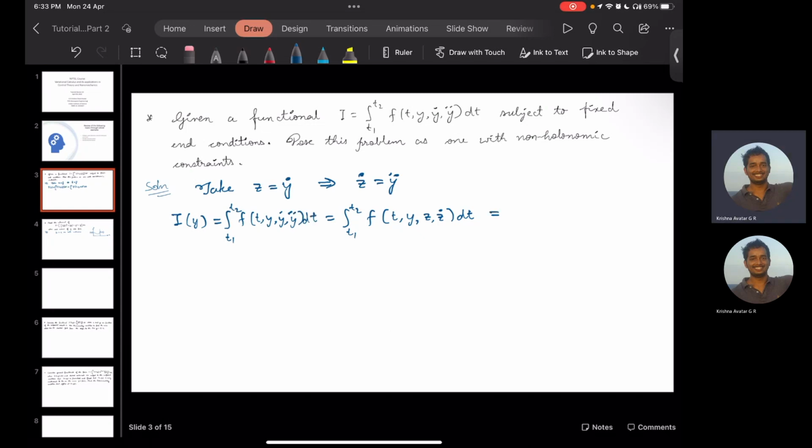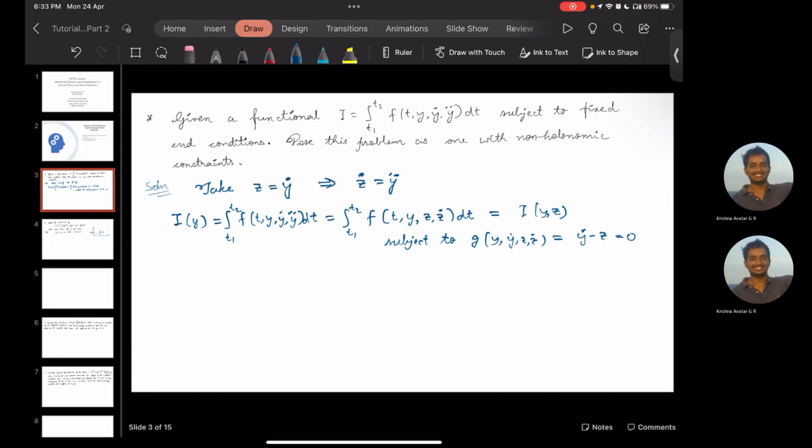Now this has become an optimization problem in y and z, subject to a constraint g(y, y dot, z) equal to y dot minus z equal to 0.